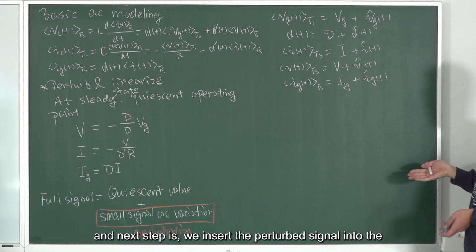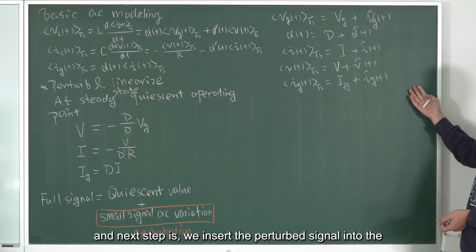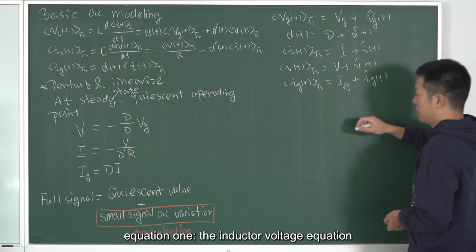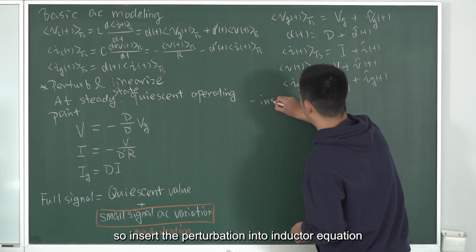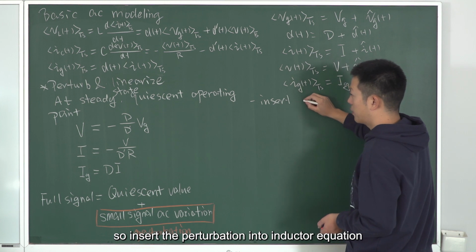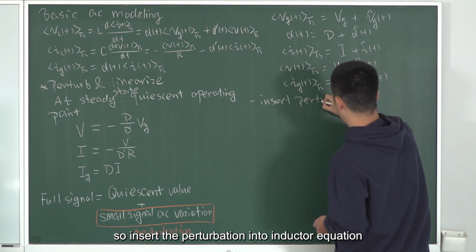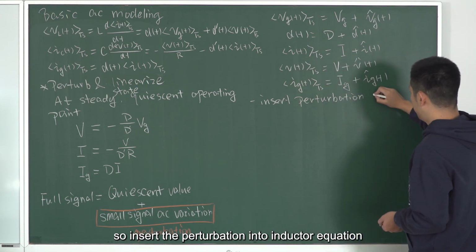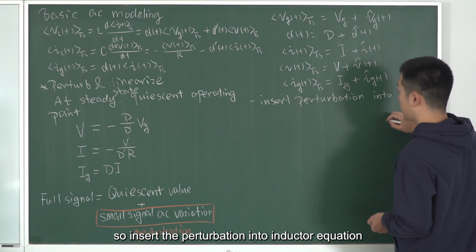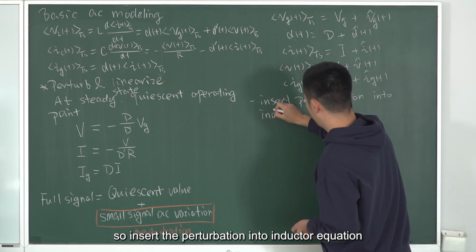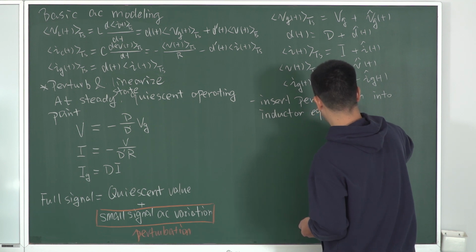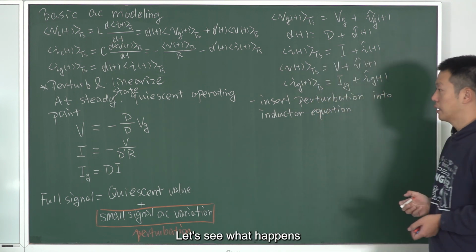And next step is we insert the perturbed signals into equation 1, the inductor voltage equation. So insert the perturbation into the inductor equation. Let's see what happens.